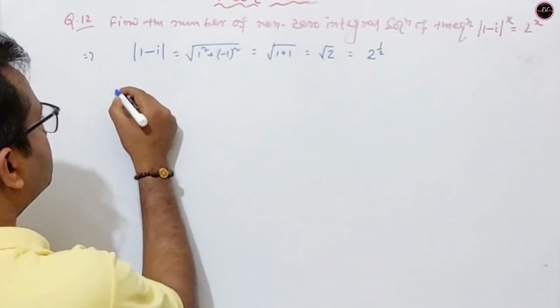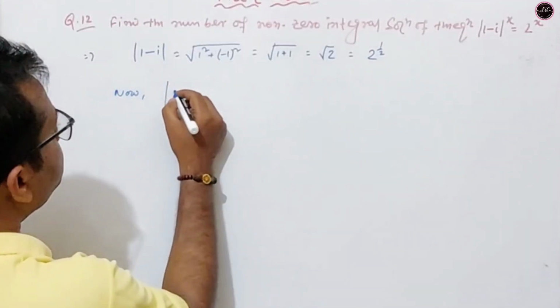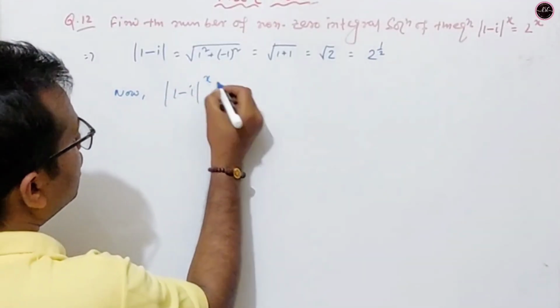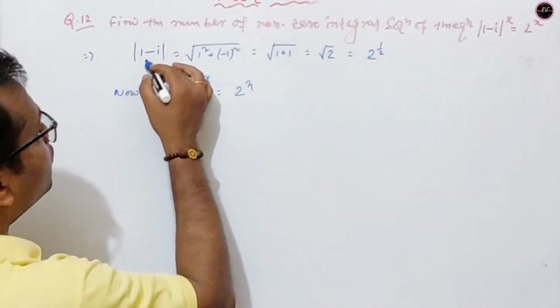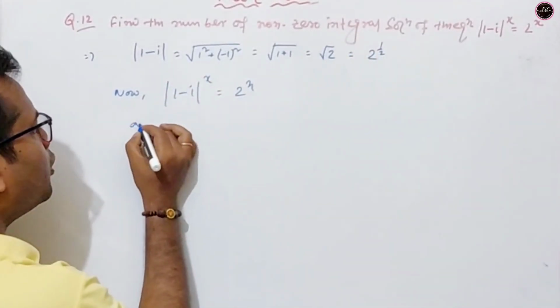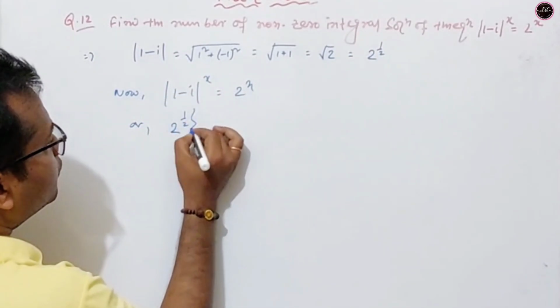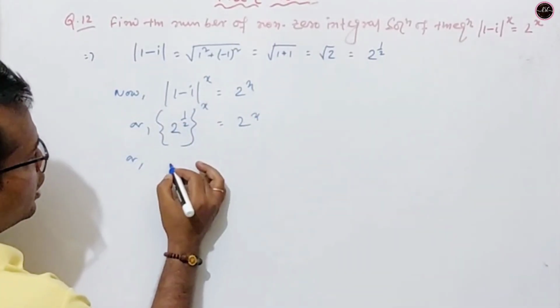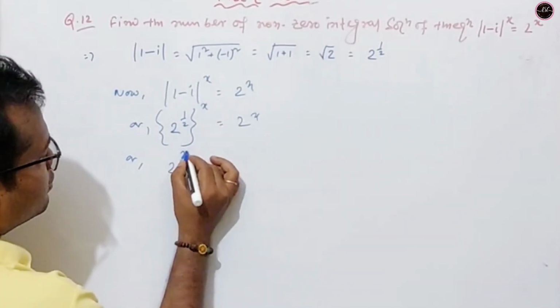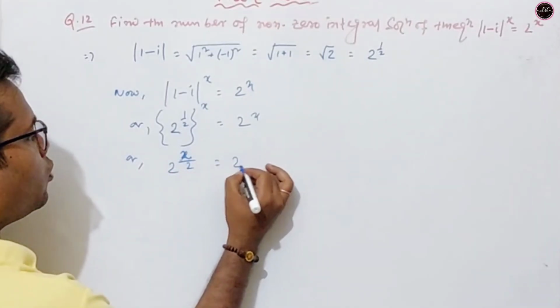Now mod of (1 minus i) to the power x equal to 2 to the power x. Here we get mod of 1 minus i equal to 2 to the power half, so (2 to the power half) to the power x equal to 2 to the power x. Simplifying this, we get 2 to the power x by 2 equal to 2 to the power x.